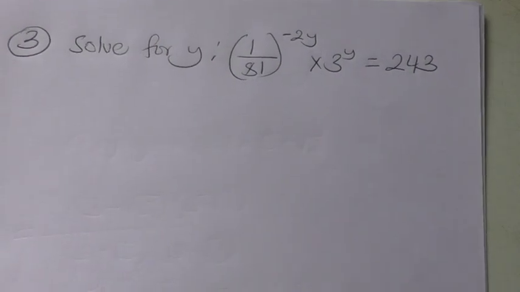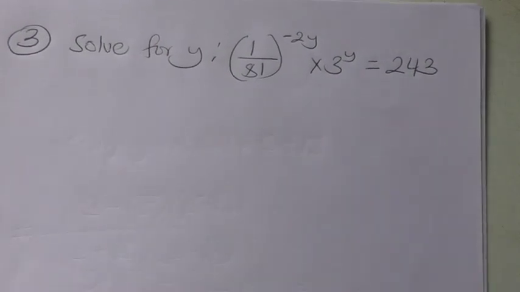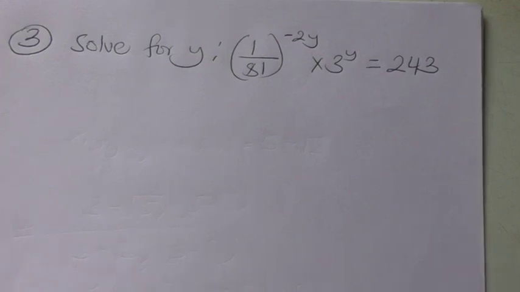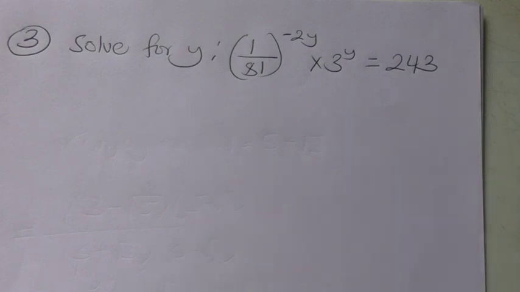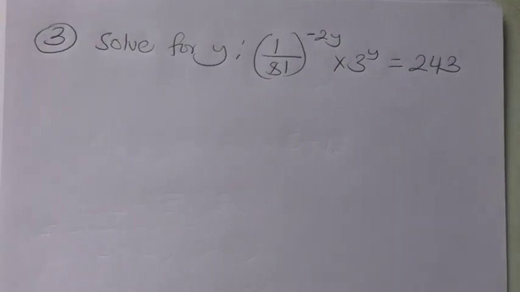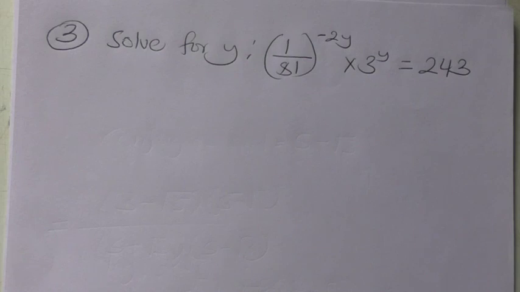Number 3 says solve for y if 1 over 81 power negative 2y times 3 power y equals 243. This is a question from indices, and for you to be able to do this very well, you must have enough knowledge from indices.